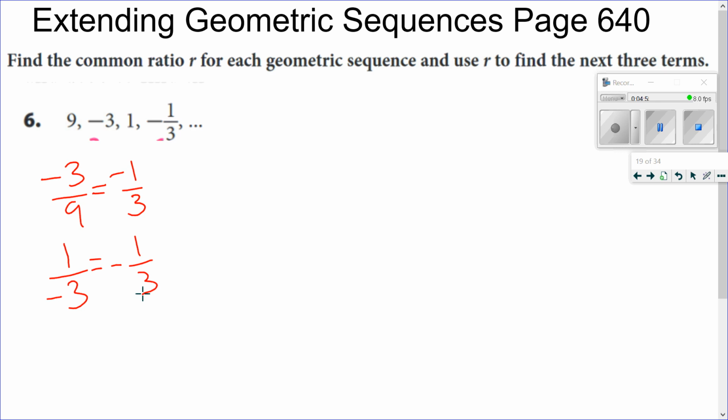All right. The next thing I'm going to do is take that ratio and multiply it times the last term I have here. So I'm going to take -1/3 and multiply it by -1/3.